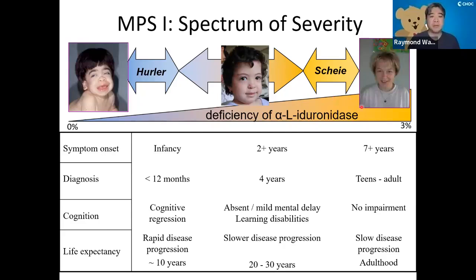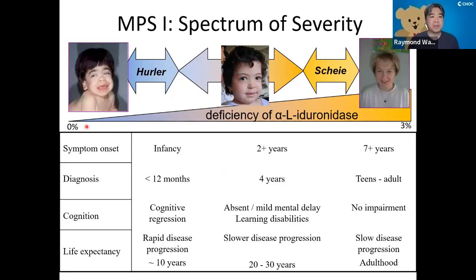On the other hand, if you have some kind of missense or splice site variant, then you're going to have a more attenuated version. The other thing to point out, which we're going to revisit when we talk about treatment, is that it really doesn't take that much enzyme to prevent the severe central nervous system aspects of MPS 1, such that Scheie patients really have about 3% of the lower limit of normal levels of iduronidase.